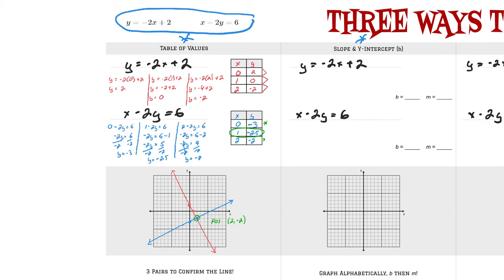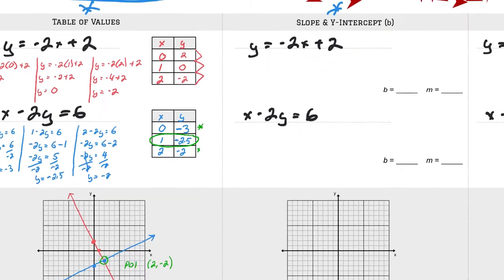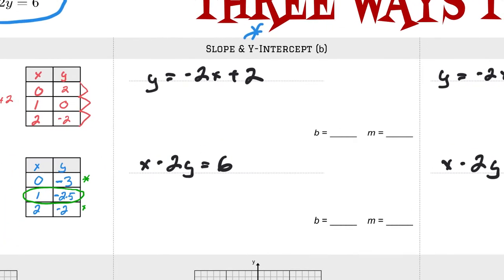The next method will be using the slope y-intercept method, and the y-intercept, otherwise known as b. So in this case, we want both lines in y equals mx plus b form, and we're going to pick out b and m.